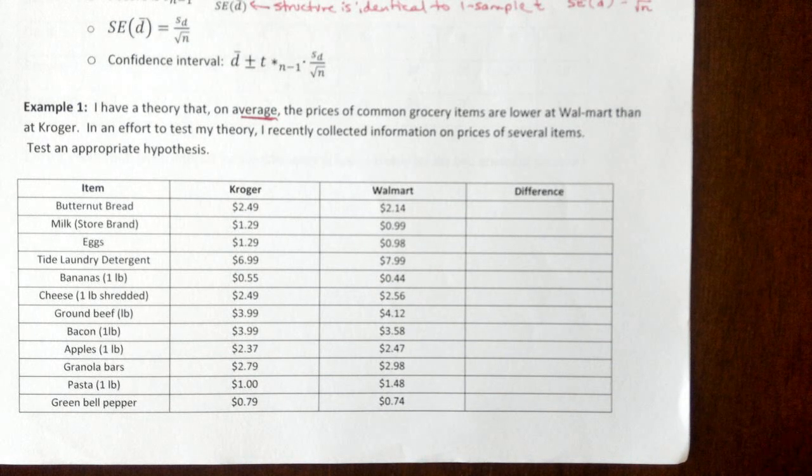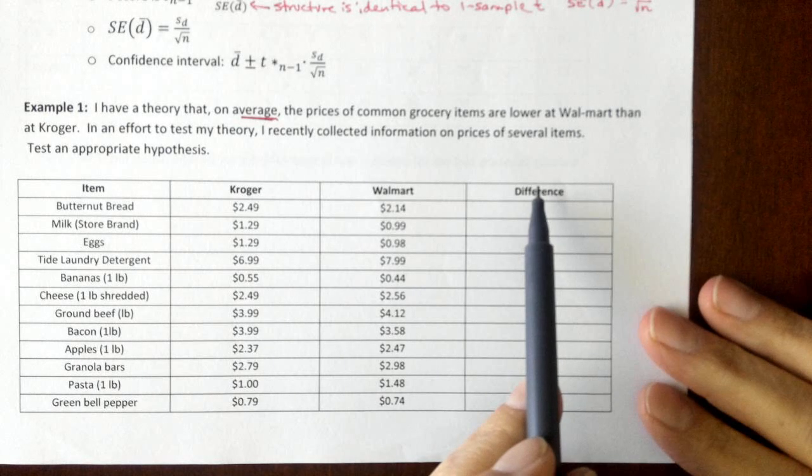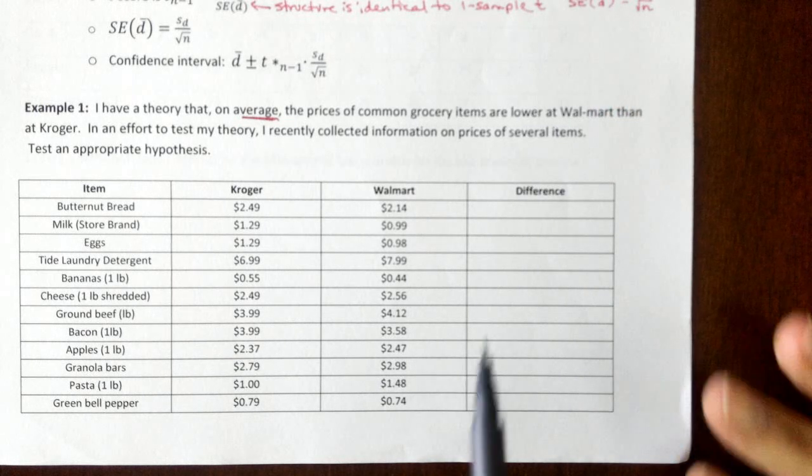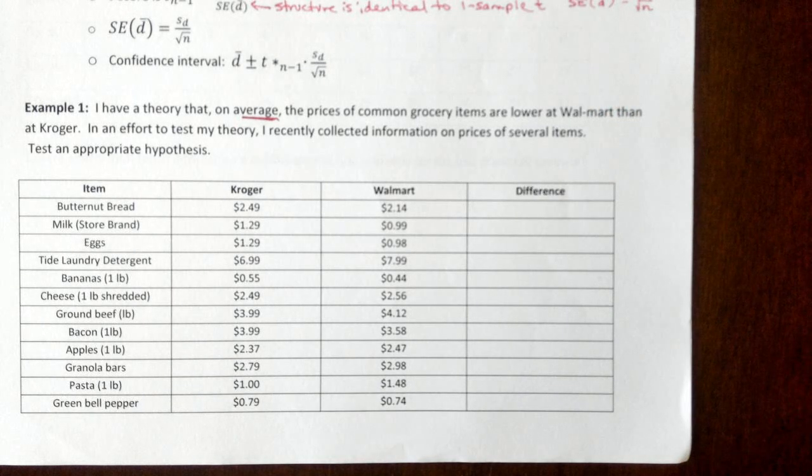Okay? Before we run the test, and even before we do the hypotheses, normally I either add a column if I need to, I've already got one here waiting for me, or even in the calculator, I find the differences.